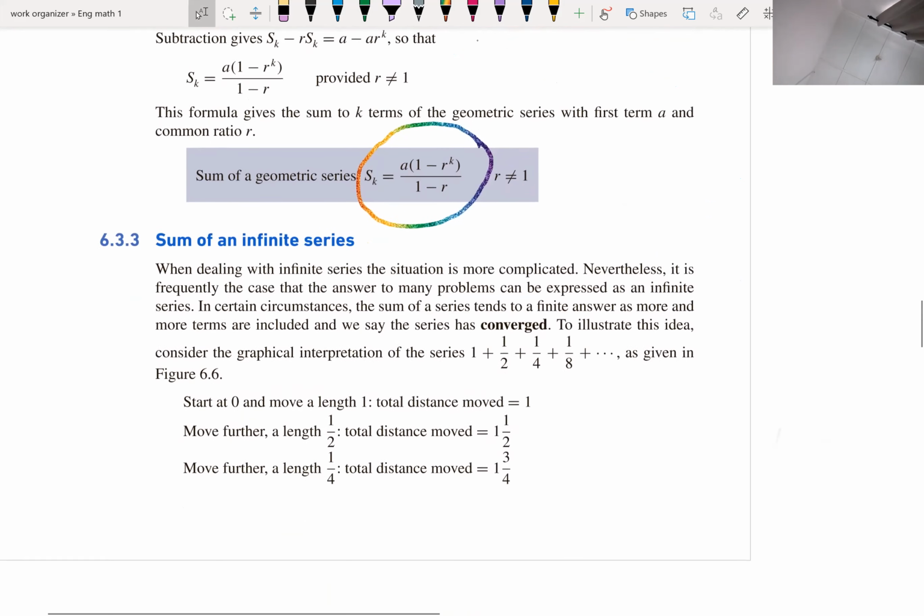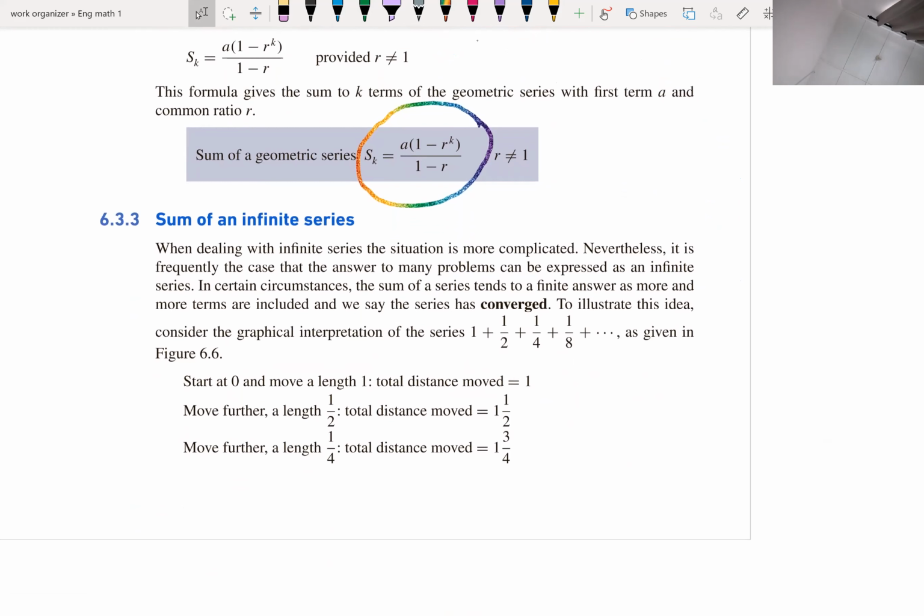So now we are going to calculate sum of infinite series. Okay, start at 0, move at the length 1. Total distance moved is 1.